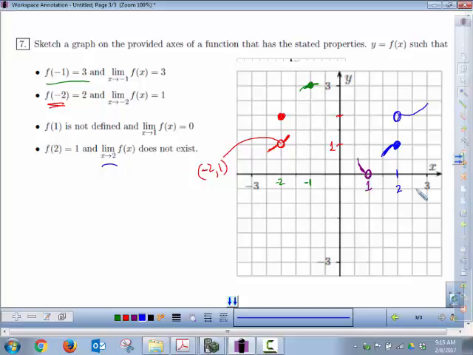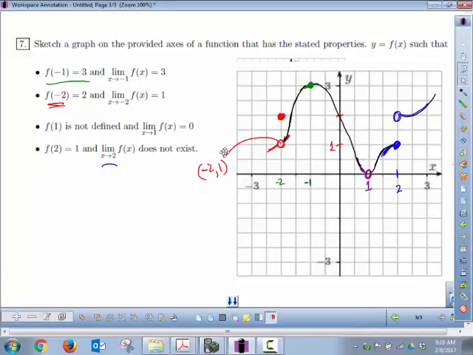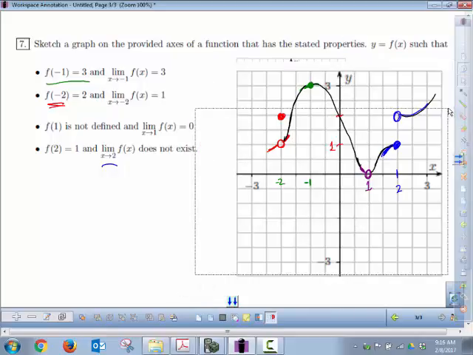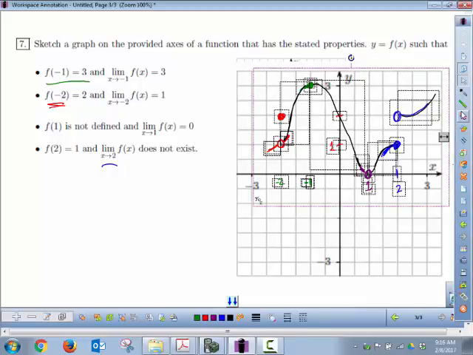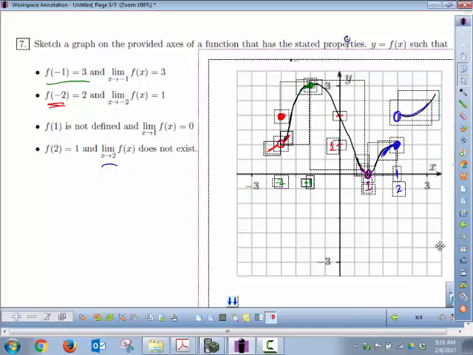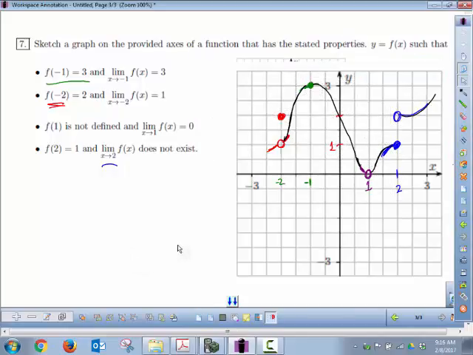Okay? So let me connect the graphs, and then I'm going to show you, using the same pictures here, ways where you can... I'm assuming this is supposed to be continuous, but... So, this is okay?